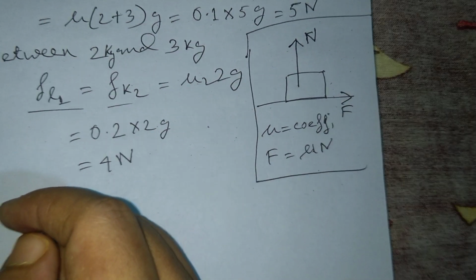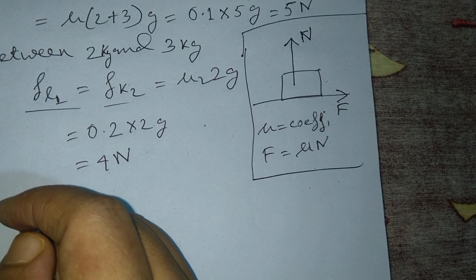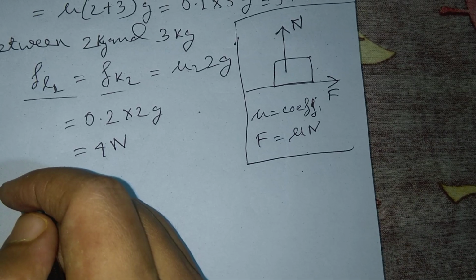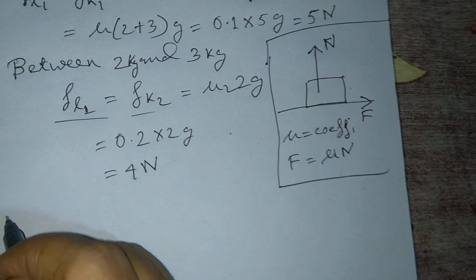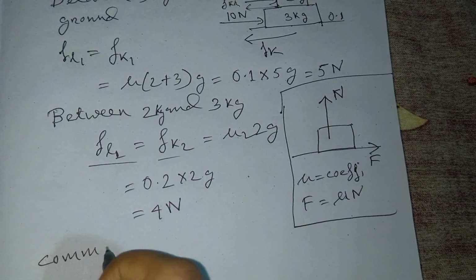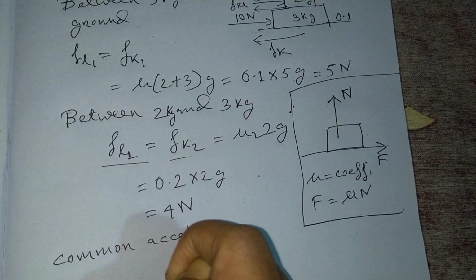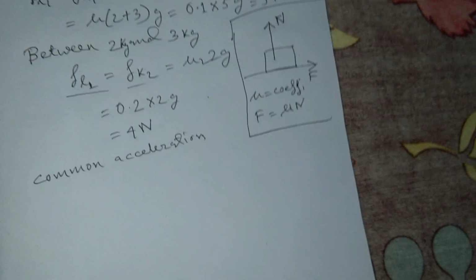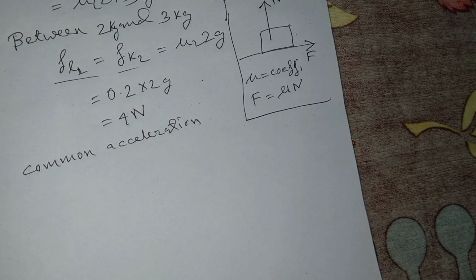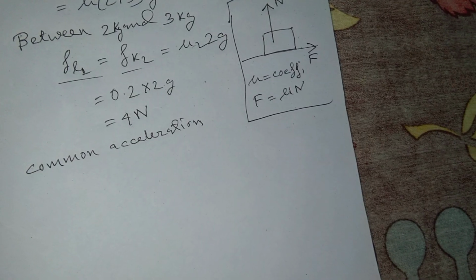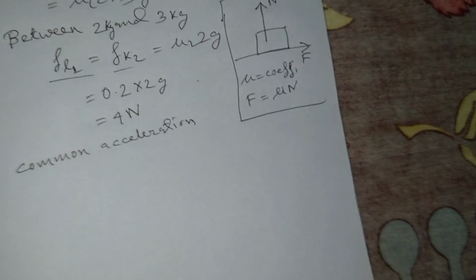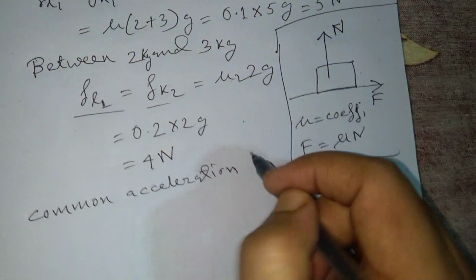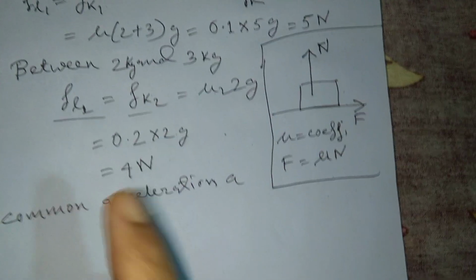Now let us first assume that both blocks move together with common acceleration A. So A is the common acceleration.